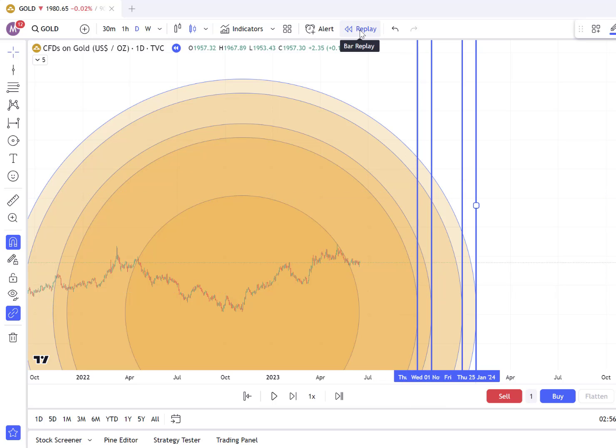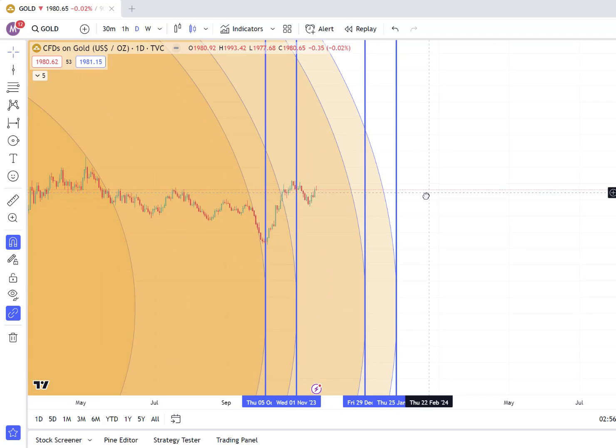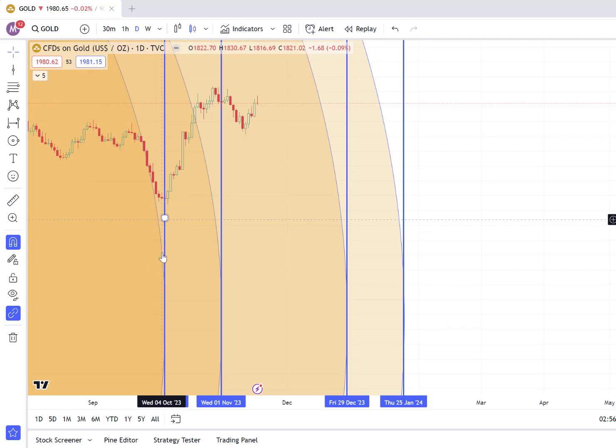We will click on replay and we will see what happened here. As we can see, we will zoom out and you will see in a better way. Here, the end of this radius was the major bottom of October 5. And here, as you can see, it was about the major top of the gold, just 1-2 days delay.